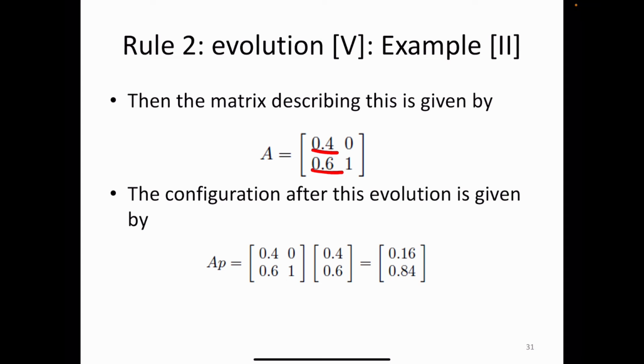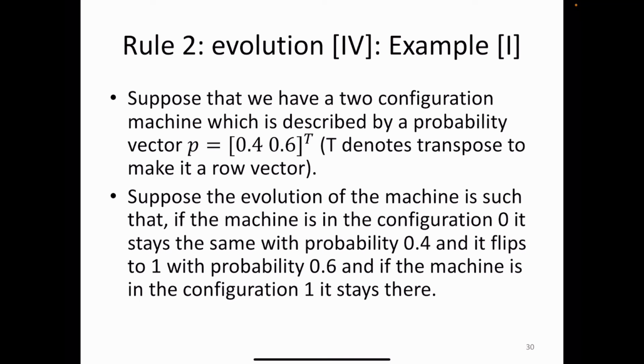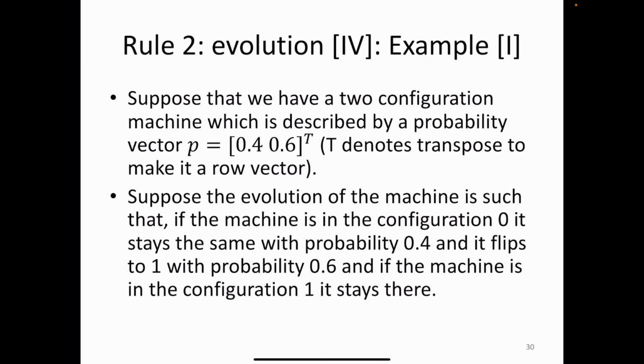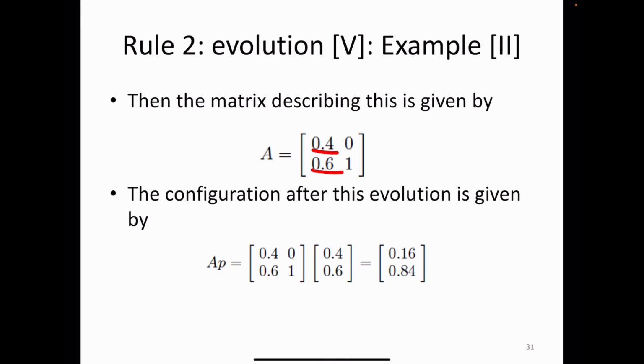Then we said, if we just go back here, it stays the same with probability 0.4 if it is already in configuration 0, and it flips to 1 with probability 0.6 if the configuration is 0, and it stays in configuration 1 if it is already in configuration 1.